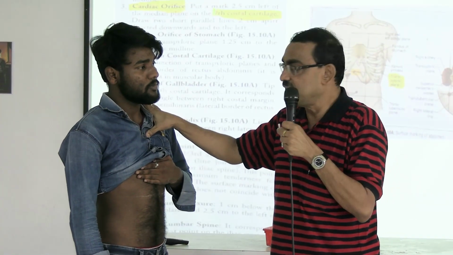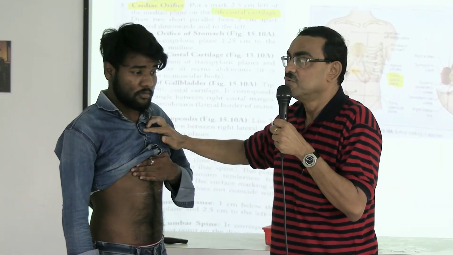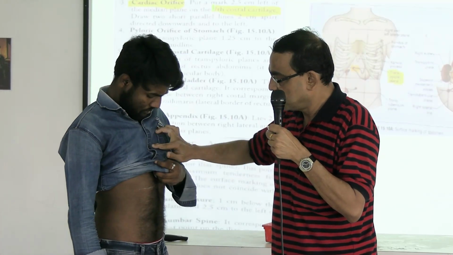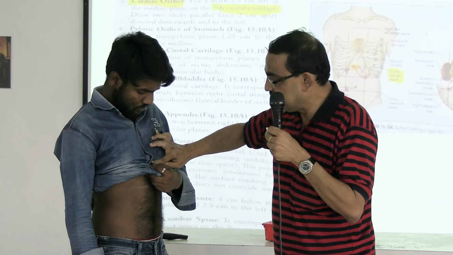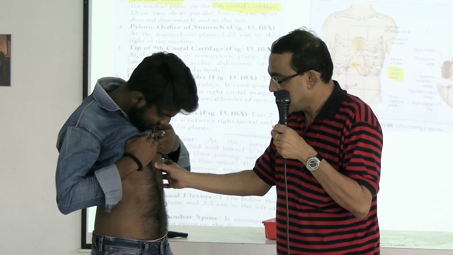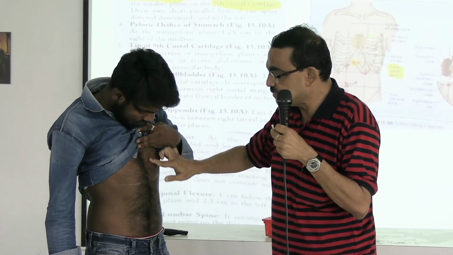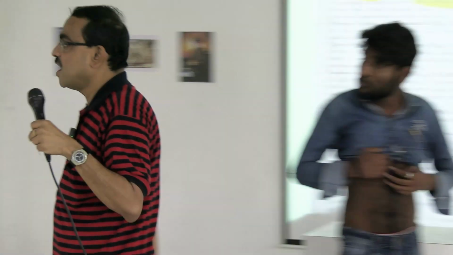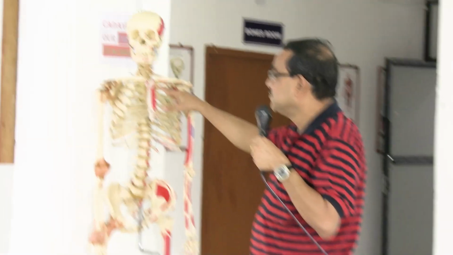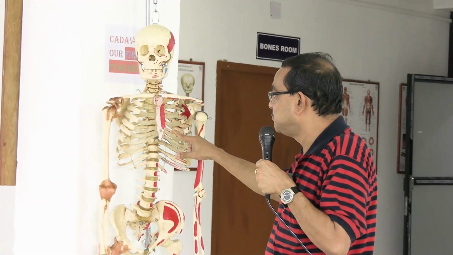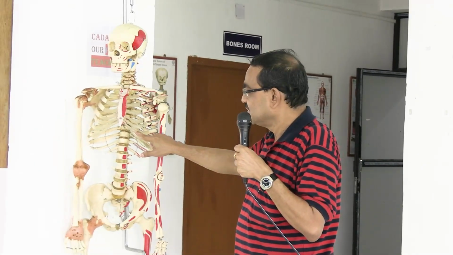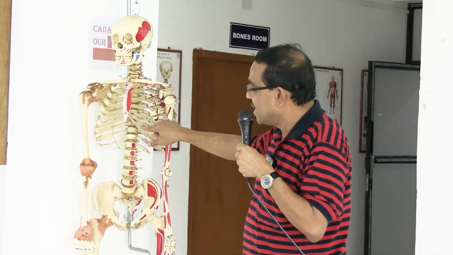To achieve that point, we have to count the rib. We know this is the 2nd, 3rd, 4th, 5th, 6th, 7th. I can feel the 7th costal cartilage here. It remains over the 7th costal cartilage.